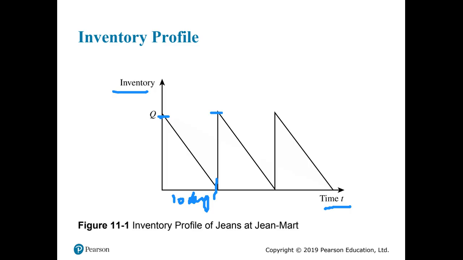Okay, so if this is like 5,000 inventory, then there's a 10 days gap, and then there can be another 10 days gap. This kind of inventory demand is a cyclic process, and this is the fixed inventory that is being demanded over a fixed time period.